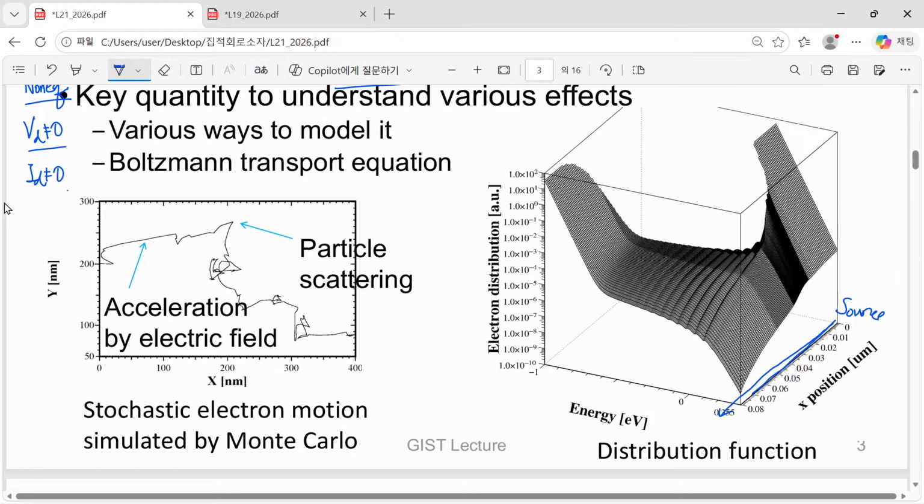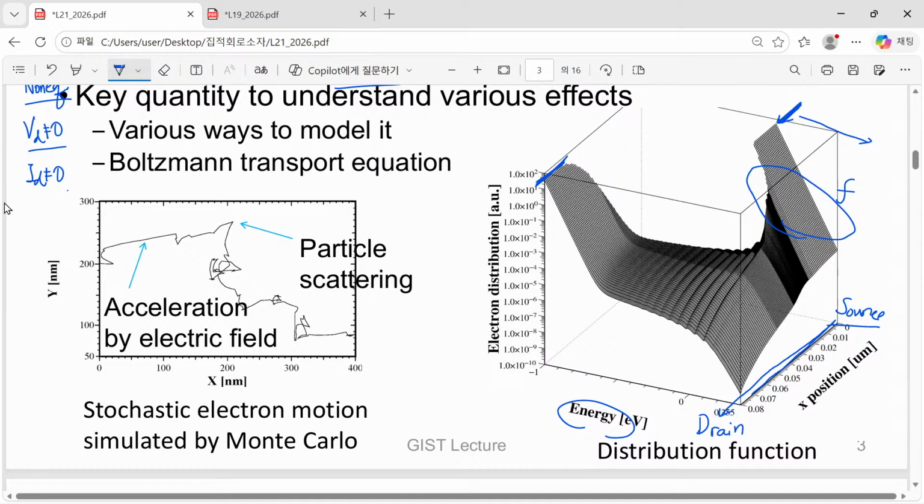It starts from the source and ends at the drain. Now you can see that its energy state starts from a certain amount of energy here. This is the energy scale, and beyond that energy we have a distribution function called F here. And now you have a different bottom energy shown here in the drain part.